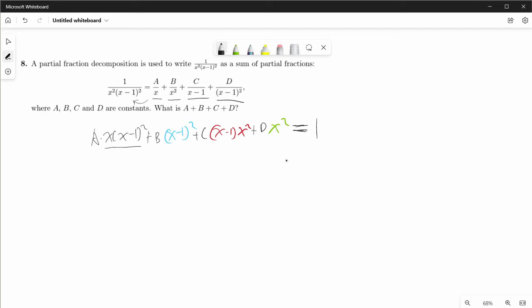So here, I'm just going to say (x minus 1) squared would be x squared minus 2x plus 1.